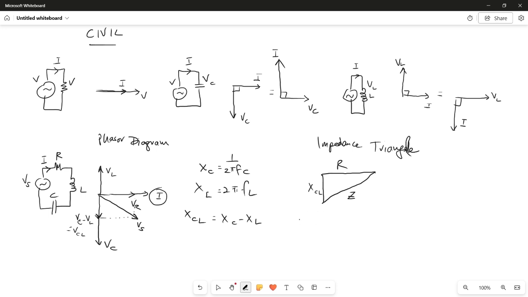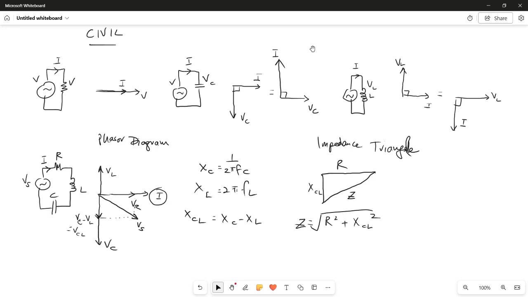Okay, and then using Pythagoras theorem, we can calculate what Z is using this method. Okay, so that is a phasor diagram and the impedance triangle for a series circuit.